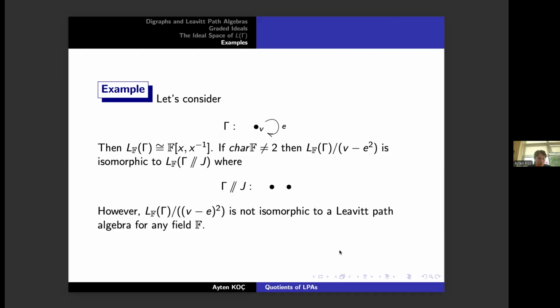Not on the whole thing, because the only Leavitt path algebra that is separable is a sum of matrices. In general, separability for a non-commutative algebra means that it is projective as a bimodule over itself. That's the general definition. I was just wondering if you had considered this, but if you haven't, never mind.